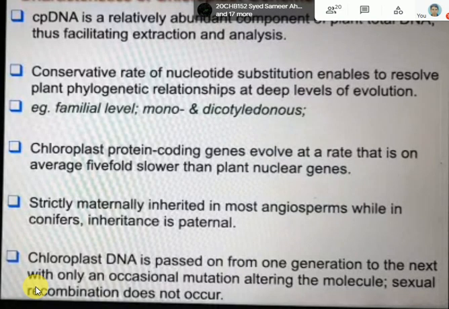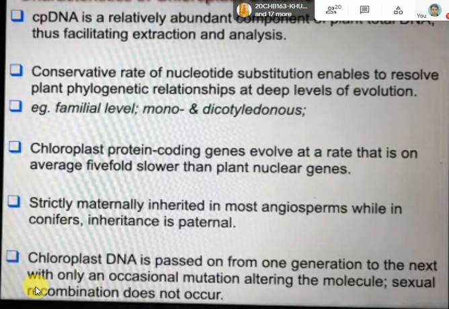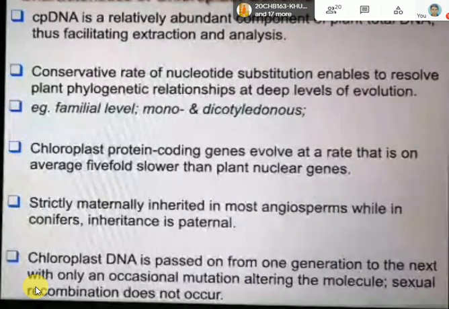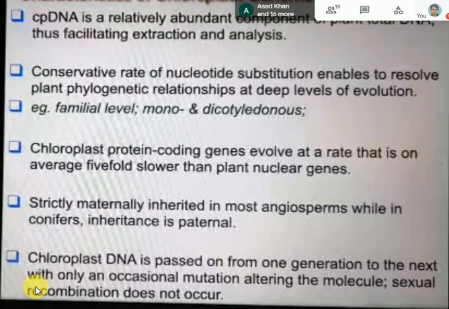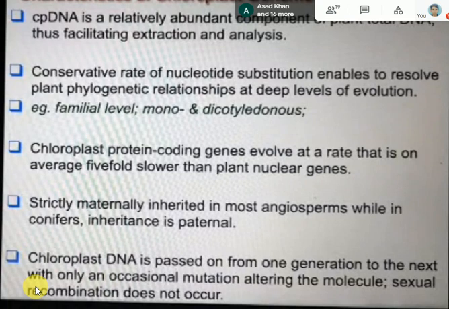Sexual recombination does not occur. As you have seen in higher plants and animals, what happens during meiosis, especially at the stages of pachytene, diplotene and diakinesis? In these stages, the exchange of genetic material occurs.